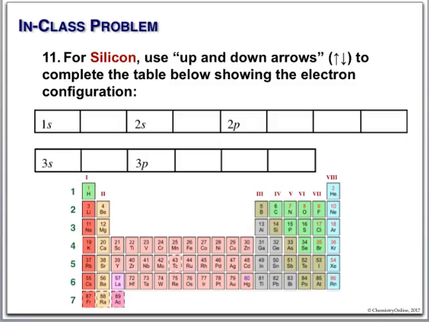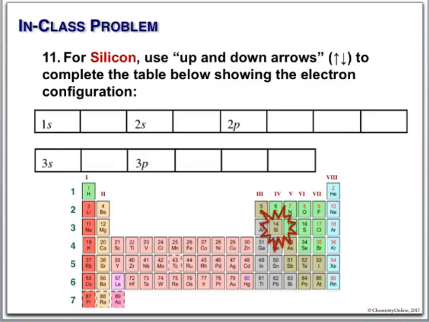Silicon is here underneath carbon, and it's in group 4. All right, so what does that mean for electron configuration? First of all, it means that everything above it is full. It's all full. So every orbital above this is going to be totally full. Every orbital can hold 2 electrons, that's it.